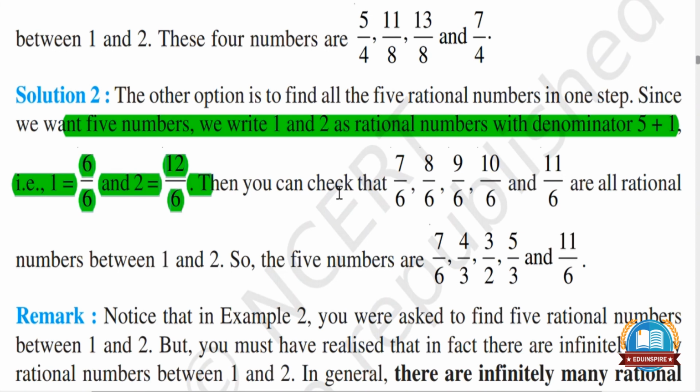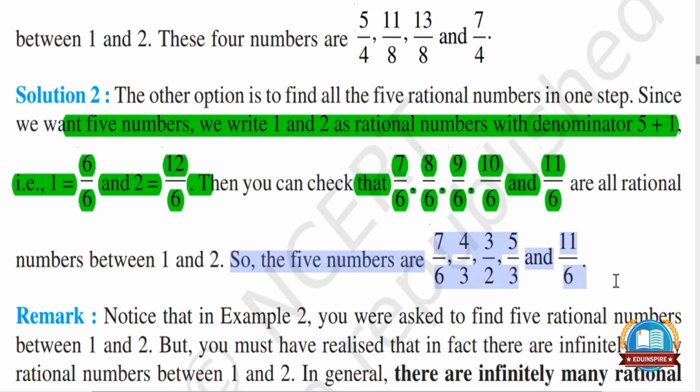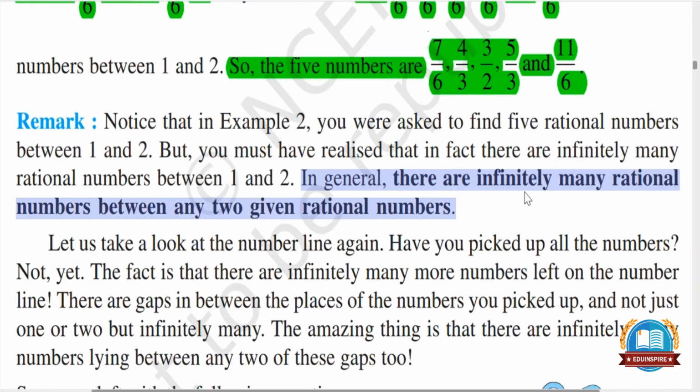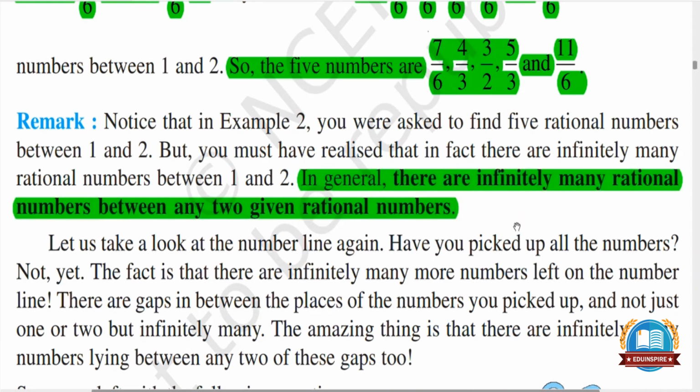Then you can check that 7 upon 6, 8 upon 6, 9 upon 6, 10 upon 6 and 11 upon 6 are all rational numbers between 1 and 2. So the 5 rational numbers are 7 upon 6, 4 upon 3, 3 upon 2, 5 upon 3, and 11 upon 6. In general, there are infinitely many rational numbers between any two given rational numbers.